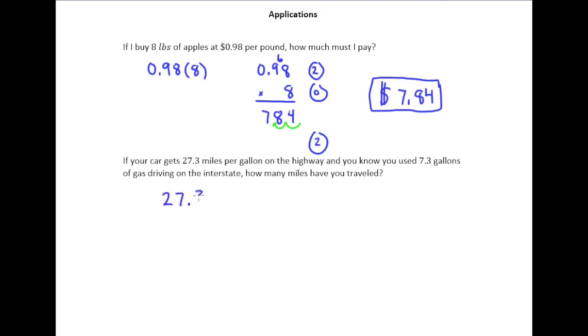Now we have miles per gallon. And then we know that our number of gallons is 7.3. Right? So I'm going to multiply by how many gallons I actually used to figure out the total number of miles driven. So this is 27.3 times 7.3.